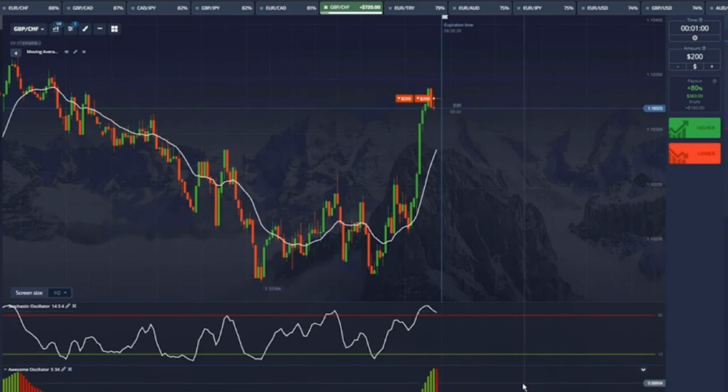Also, the stochastic oscillator is in the overbought condition, indicating the market can pull back anytime, and I'm sure 1 minute will be enough for the trades.